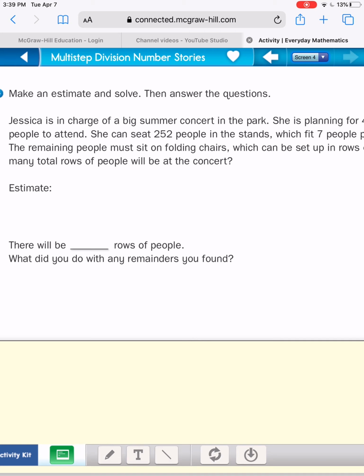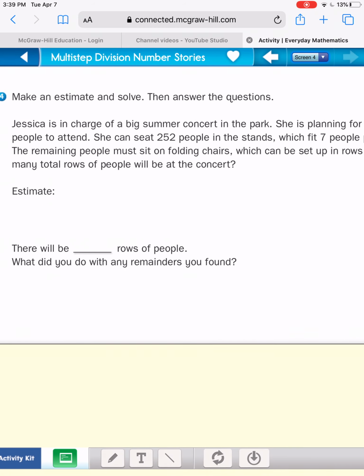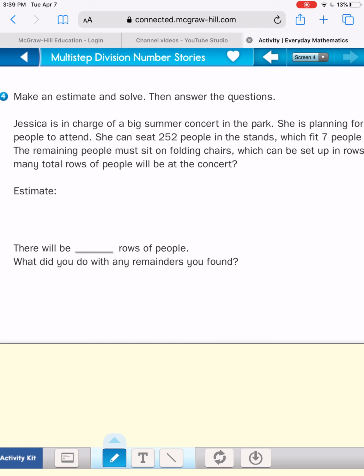So the rest need to be set up in rows. So the first thing that you should have done is subtract 400 minus 252 to figure out how many people still need to be seated.